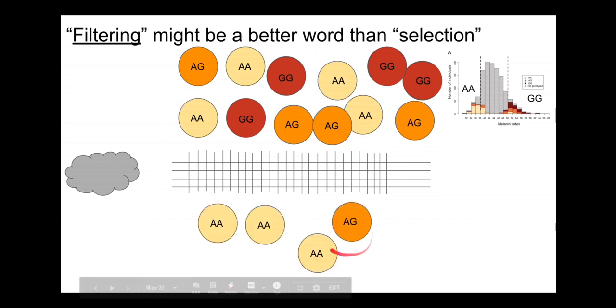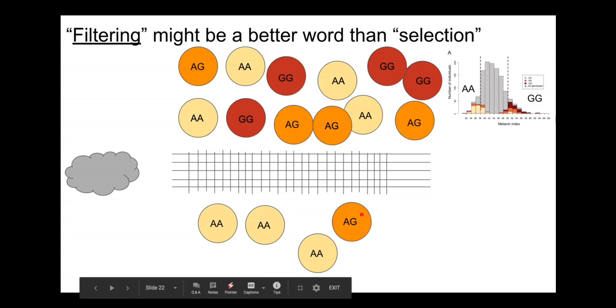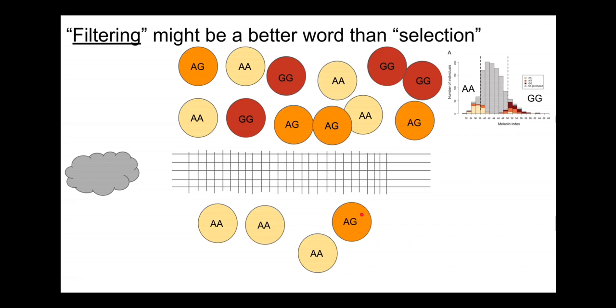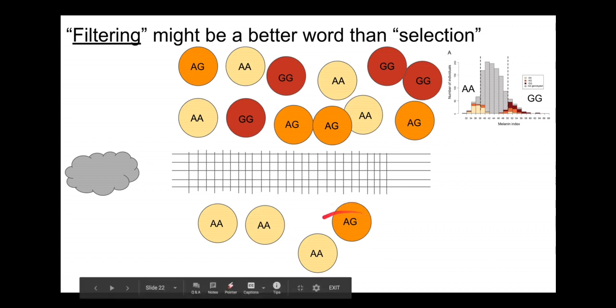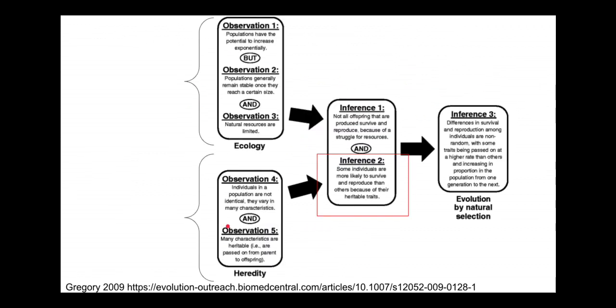Of course, heterozygotes are going to carry alleles for the darker pigmentation patterns, which will allow variation to be maintained in the population. So this constitutes the second inference, the ecology meets genetics inference. Some individuals are more likely to survive because of their heritable traits.